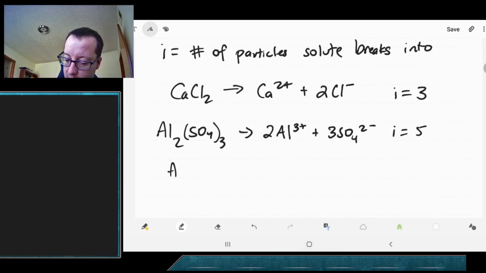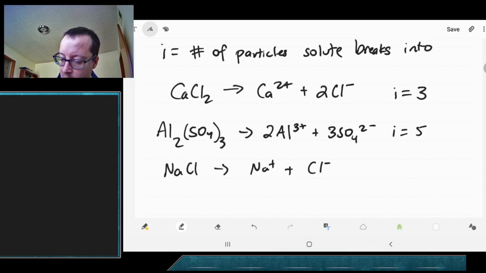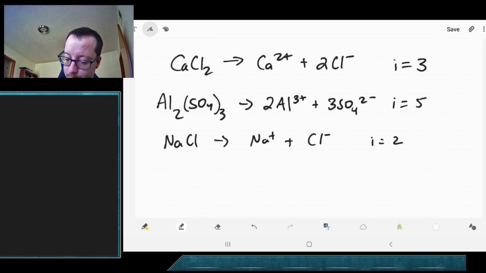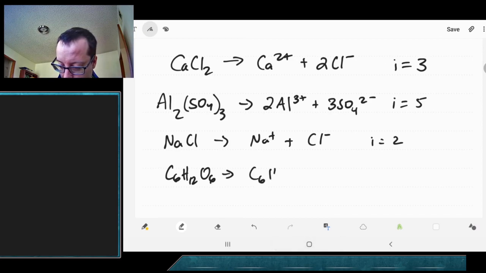If we take a look at sodium chloride, that breaks into 1 sodium, 1 chloride, so i would be 2. We break 2 particles up. If we take a non-electrolyte like glucose, we just get 1 particle out. So we put 1 particle in, we get 1 particle out, we have an i of 1.